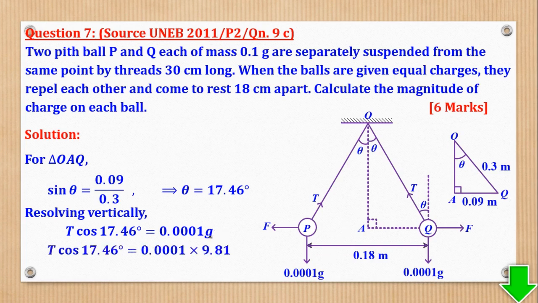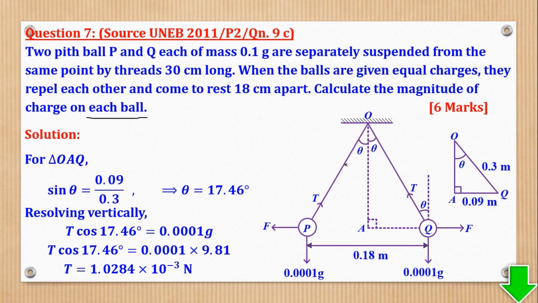Then I substitute for g. Remember I told you g is acceleration due to gravity, and in physics we take g as 9.81 for A-level physics. Then you make T the subject, and that will be the value of T. But the question said magnitude of charge on each ball, so we have not yet completed.